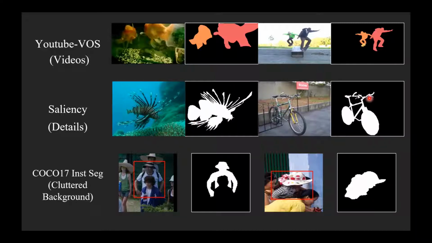The object's details are well retained. The COCO 2017 instance segmentation dataset provides tremendous instances, and there usually exist many distractors in the background, so it can improve the algorithm's discriminative power.